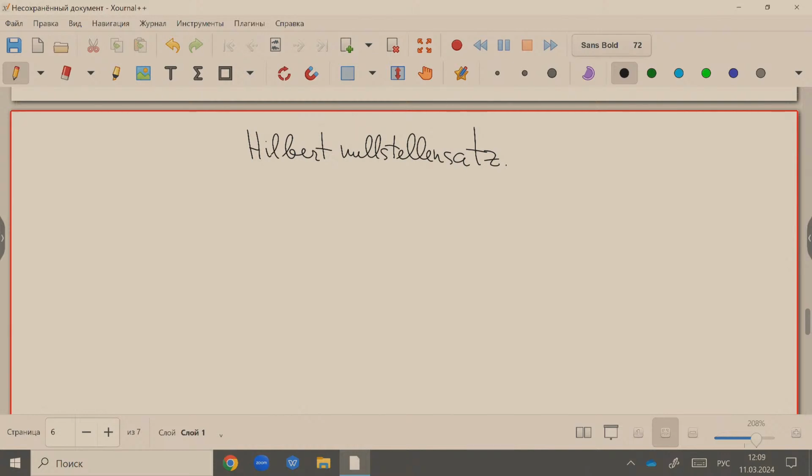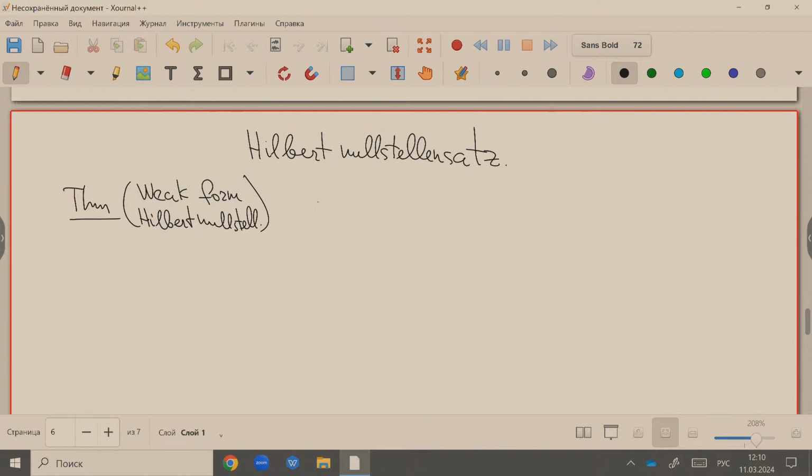Yeah. So how to formulate it? Theorem, weak form of Hilbert. This is as follows.